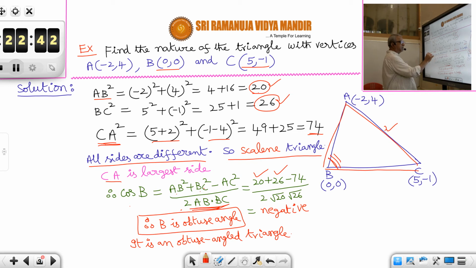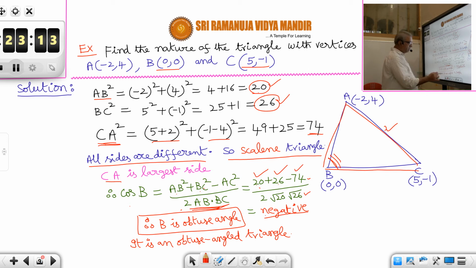Minus AC square, or CA square, is 74. The denominator is 2 into root 20 into root 26, that we are not bothered about because we are interested whether it is positive or negative only, not the exact value. So 20 plus 26, 46, minus 74 is clearly negative. That is what we want.